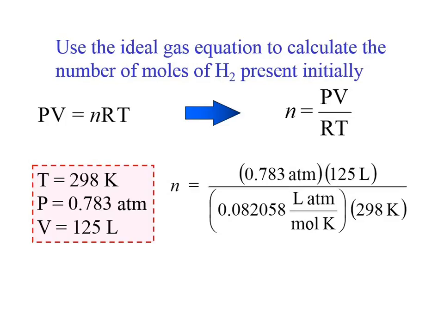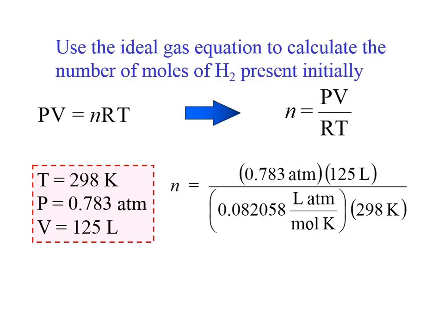So in the numerator, we have pressure, 0.783 atmospheres, also volume, 125 liters. And in the denominator, we have RT, 0.082058. And units of R are liters atmospheres per mole Kelvin. And then also in the denominator, we have the temperature, the 298 Kelvin.